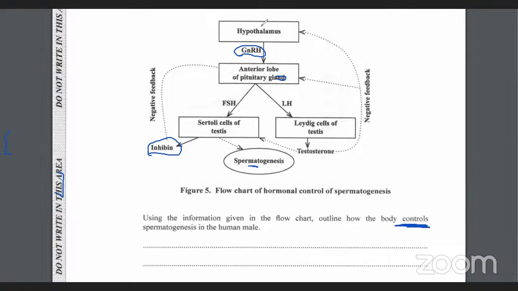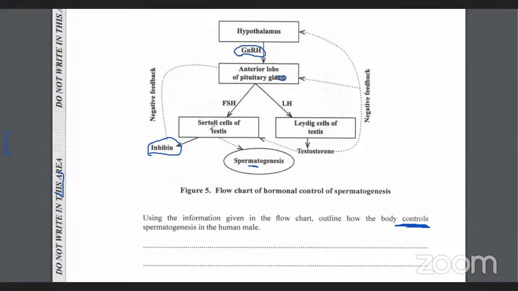So the hypothalamus secretes gonadotropin releasing hormone. That causes the pituitary gland to secrete two hormones, follicle-stimulating hormone and luteinizing hormone, right? Luteinizing hormone goes to these cells of the testes.